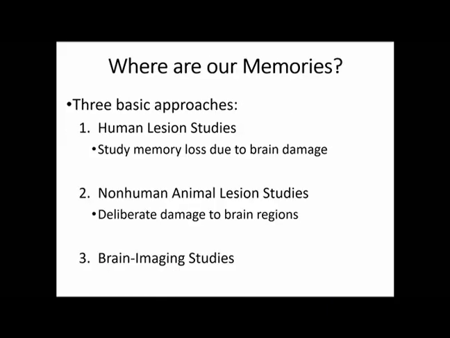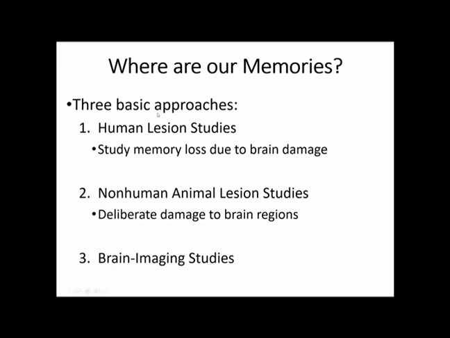And so if there are researchers who are trying to figure out where the heck we are storing our memories, there are a couple of ways that they can study this. And these are going to be very similar to what we talked about back in the earlier chapters when we talked about brain structures. So we can do lesion studies. In this case, a human lesion study wouldn't be that we are causing damage to the brain, but we could study how memory changes in people who have suffered brain damage from other sources.